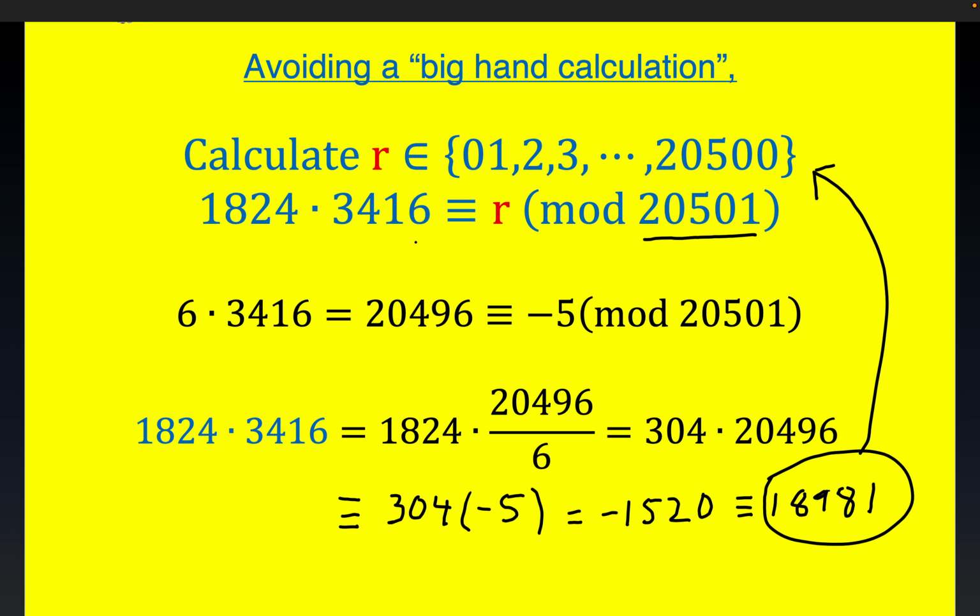You start with these massive numbers, and then you nudge this one as close as possible. You try to find a multiple of this one or this one that will be as close as possible to 20,501, hopefully within one digit, which is what this worked out to be. Now, sometimes you're not going to be this lucky. And also notice that the 6 would have to be a divisor of 1824 for this to be effective. 1824 just happened to be divisible by 6, right?